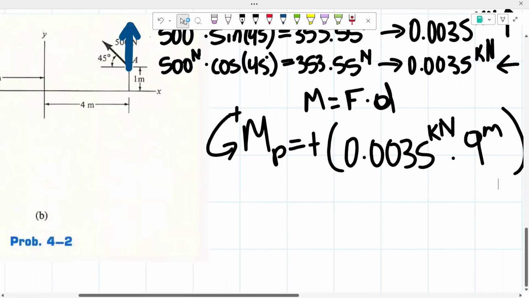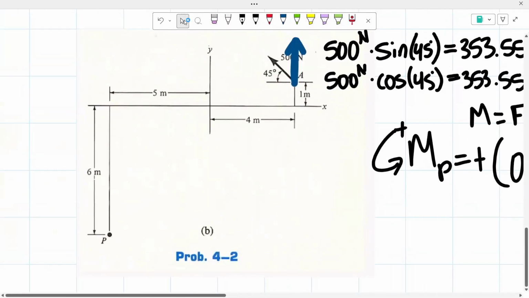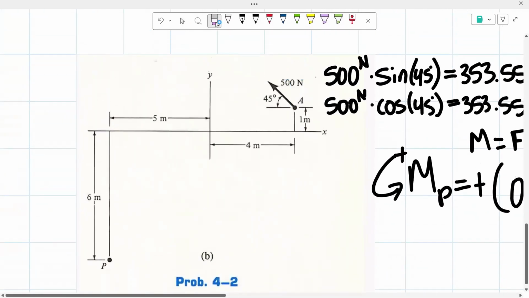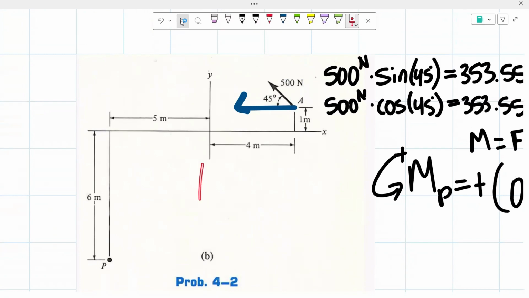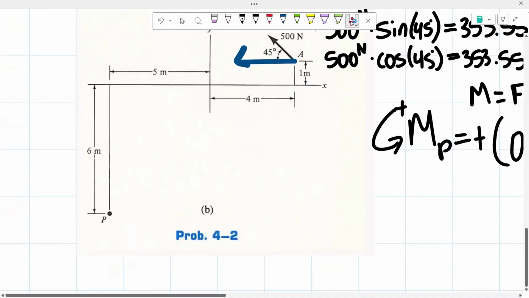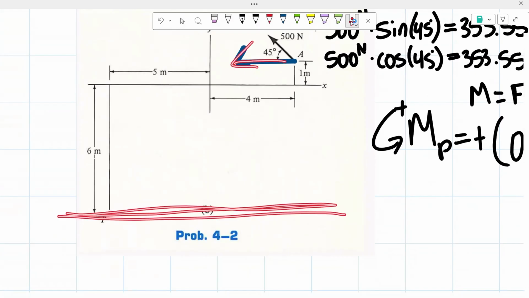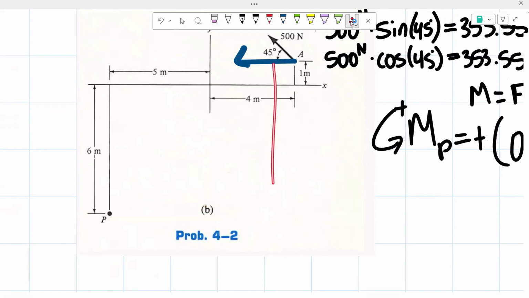Okay, now we're going to work with our horizontal force. Our horizontal force, we said, is going to be acting to the left. So since this is a horizontal force, we know it has to align with the horizontal axis of P. Since our force is up here, we have to be shifting that downwards.